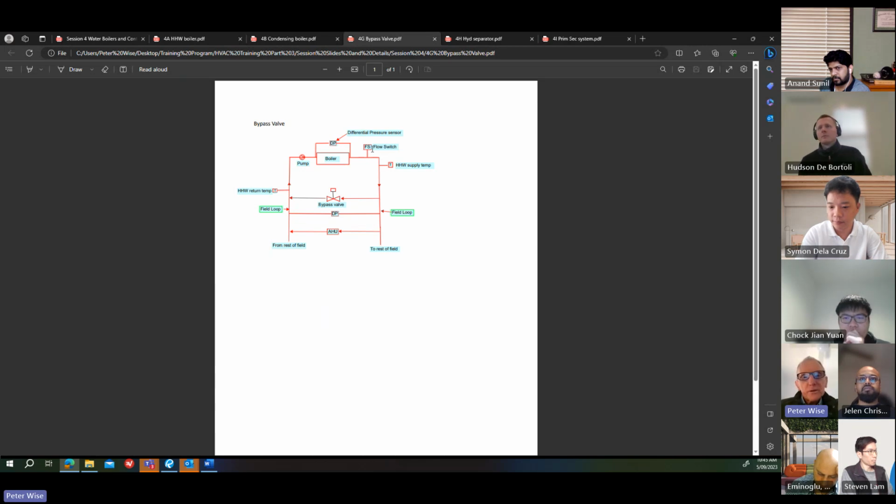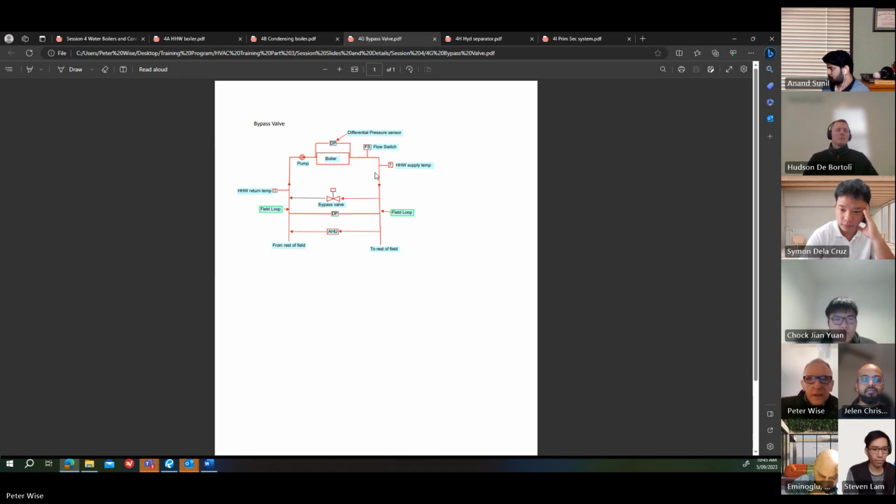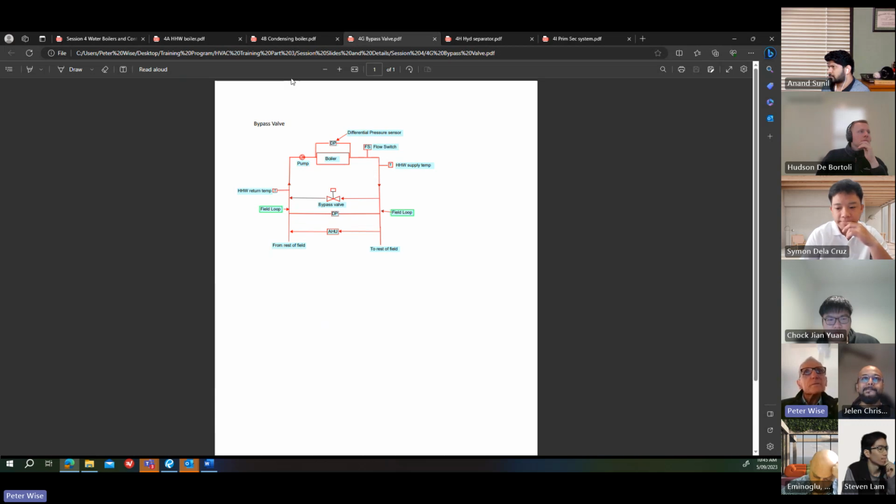Another option is a flow switch, but these are a bit unreliable and not commonly used these days. They used to use them all the time for chillers, but it was just a paddle in the pipework, and if the paddle was pushed downstream and made contact, then the flow was established. But unfortunately, the paddles used to break and end up somewhere in the pipework, and the flow switches didn't work. So they don't get used much anymore and are not recommended.